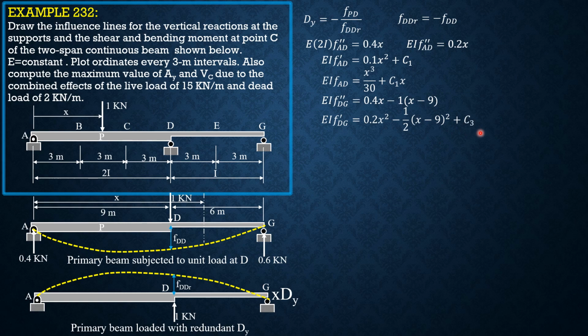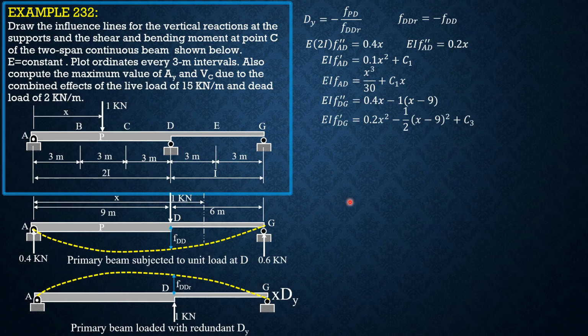So there is C sub 3 but there's no C sub 4. Sorry, there is C sub 4 because it is DG. So that C sub 4 is another constant representing the deflection at the origin, which is D, for this portion of the segment.